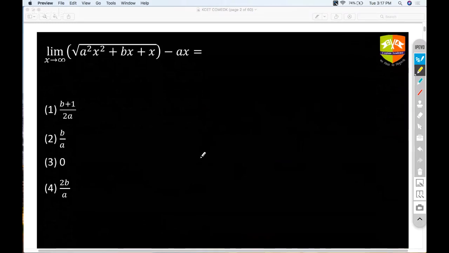Limit x tending to infinity of root of a square x square plus bx, plus x, minus ax. Let me name these questions so that you can type your response by stating the question number.